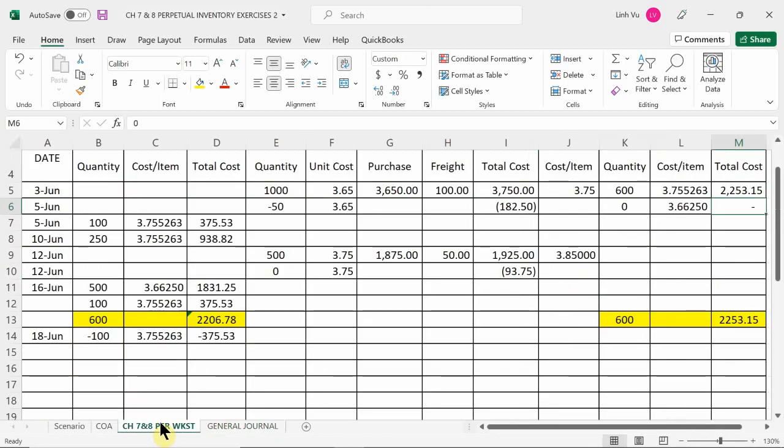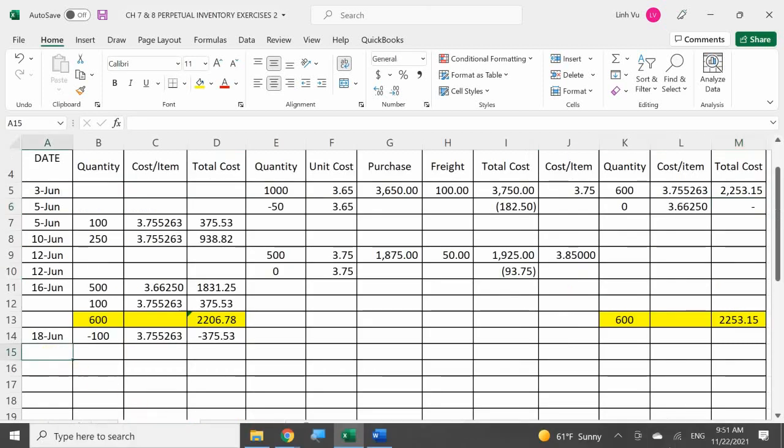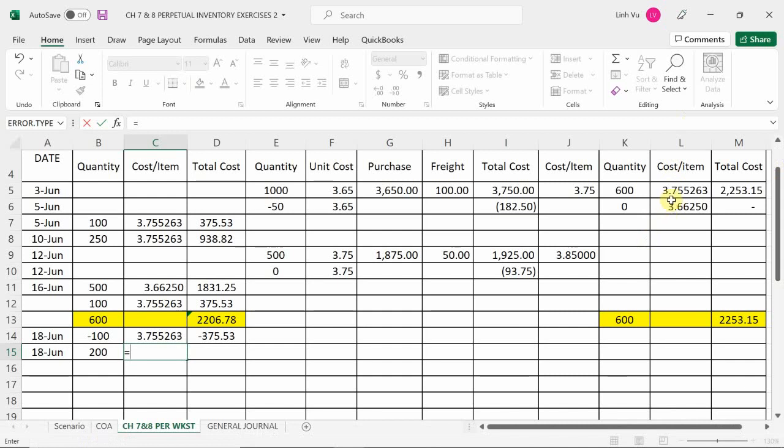So back to the inventory worksheet. Okay. Today's the 18th. We sold 200. So in this case, how much is going to be my cost per item? I only have one batch of inventory left. So I'm only left with my 375.